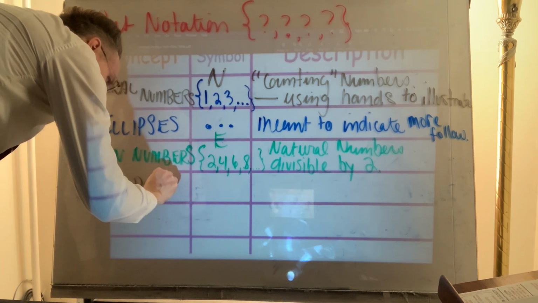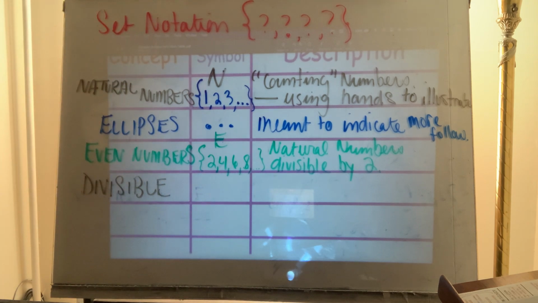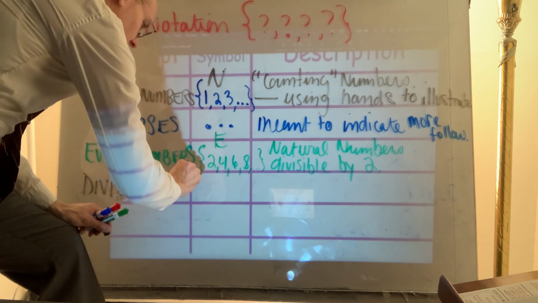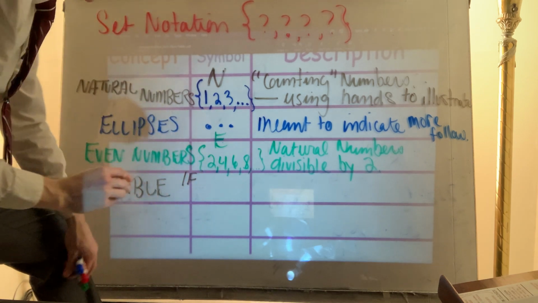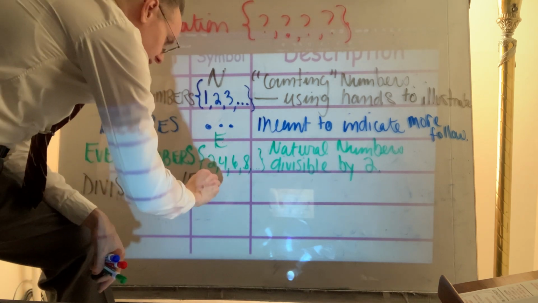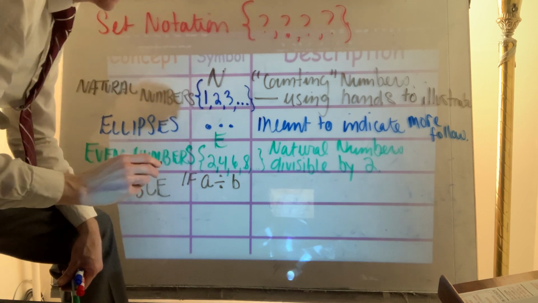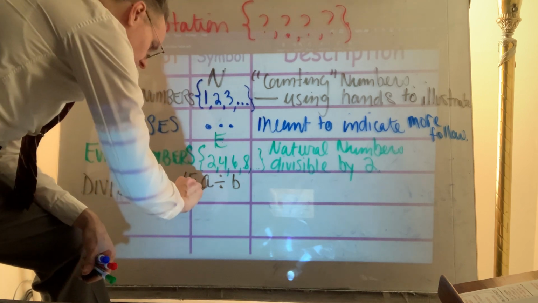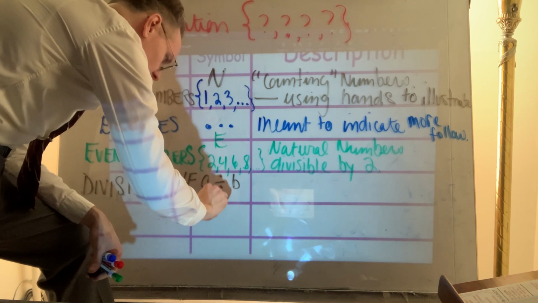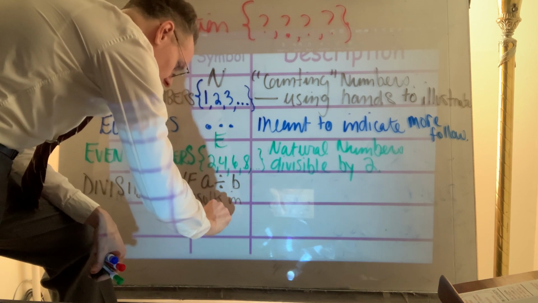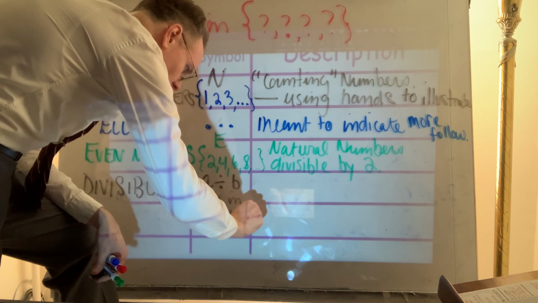Essentially, I'm going to abbreviate that as best I can. If one thing is divisible by another, if A divided by B results in remainder 0.